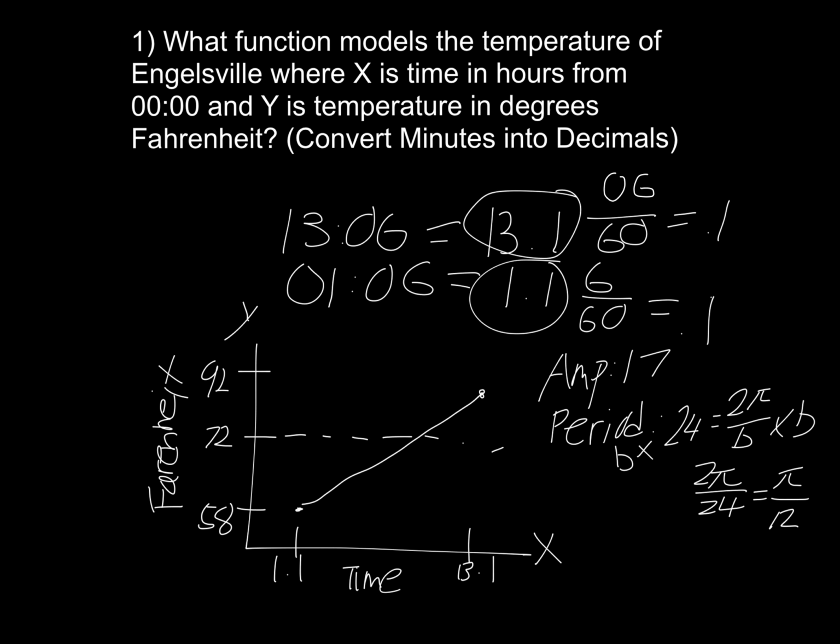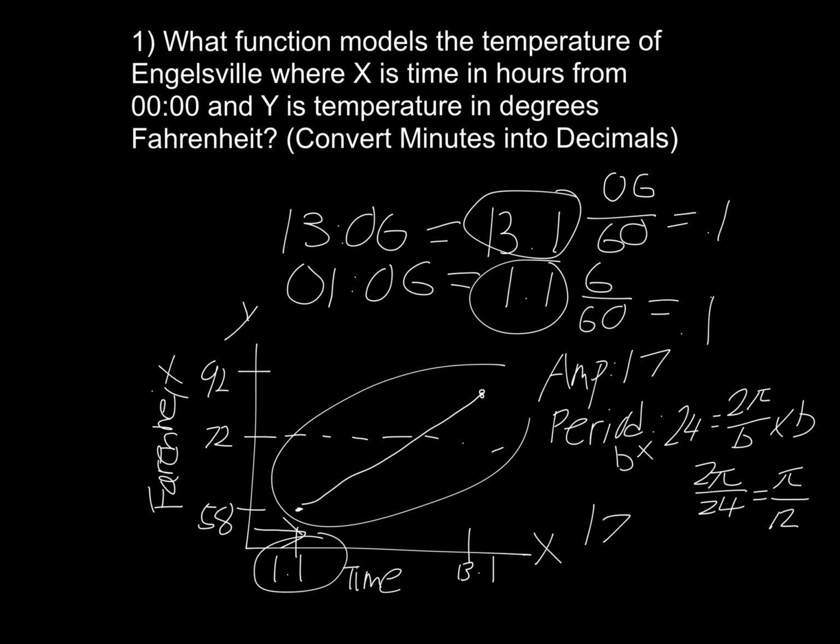So the phase shift, since it's going to the right, we would get just 1.1. And in the equation, it would show up as minus 1.1. And the vertical translation, here, let me just write out the function really fast.